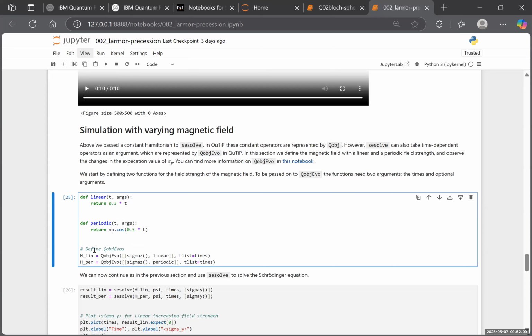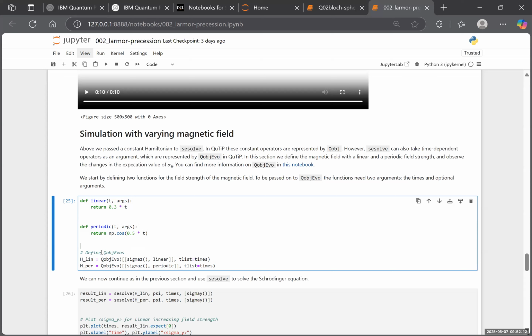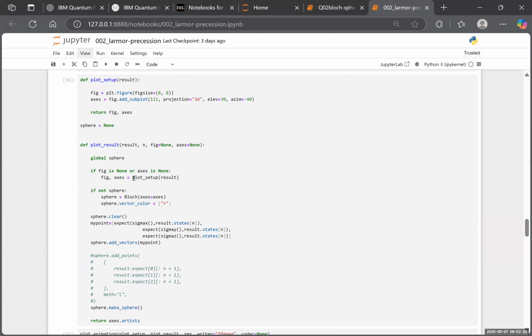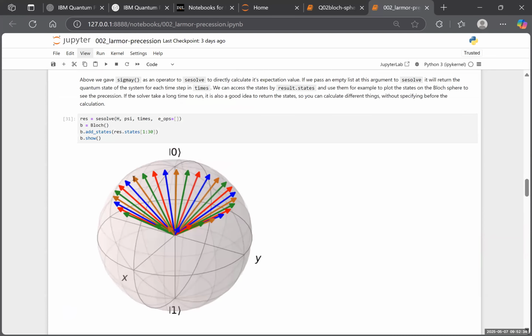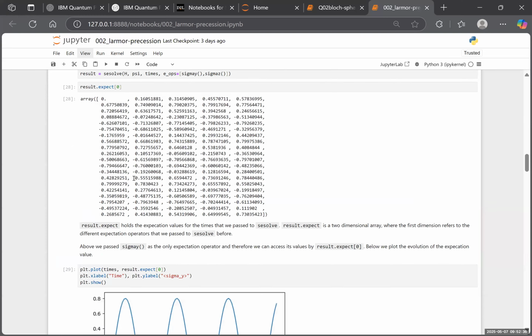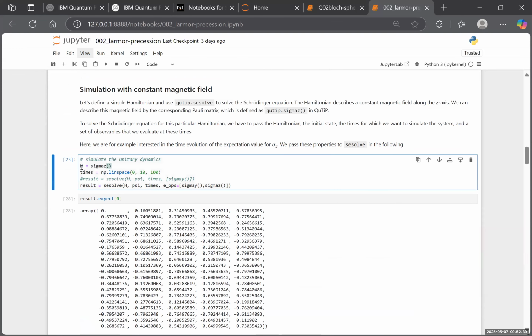We can define this Hamiltonian linear in time, right? Which would be sigma z in the z direction, and linear is the coefficient. And this periodic is the cosine. So previously here, we just set up the Hamiltonian, just say H equal to the operator.